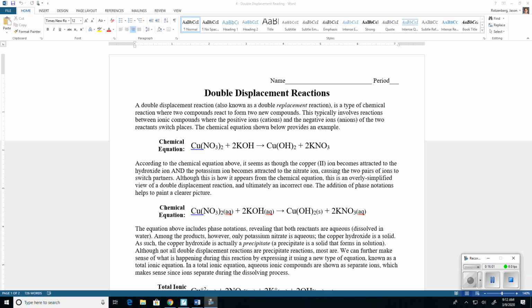This worksheet is very similar to a single displacement reactions worksheet you did last time. And just like last time where I basically said there's a lot of text that I'm not going to read and I'm just going to go over the backside of it with you, that's what I'm about to do right now. I'm not going to read all this text on the front side. Instead, I'm going to do the backside with you.